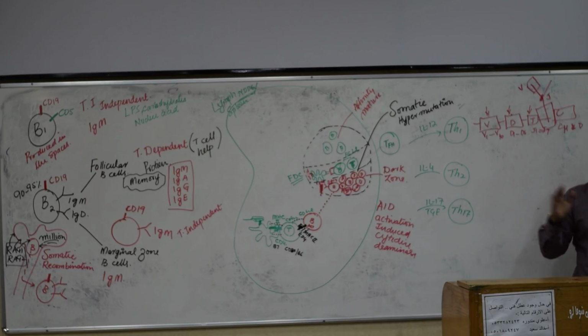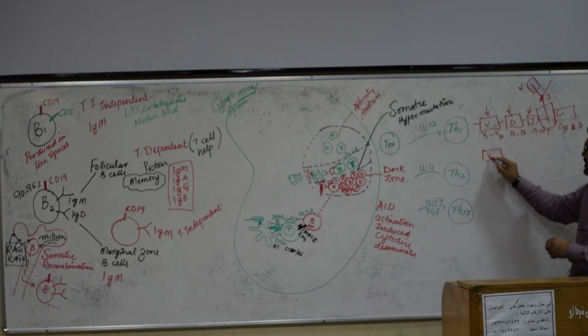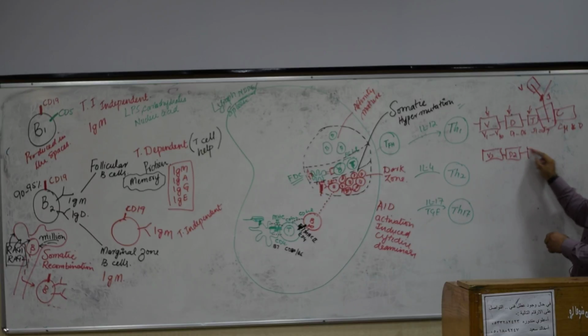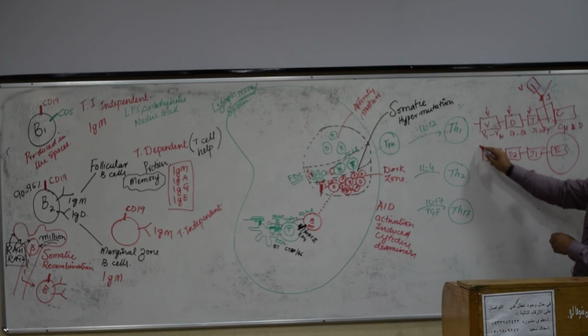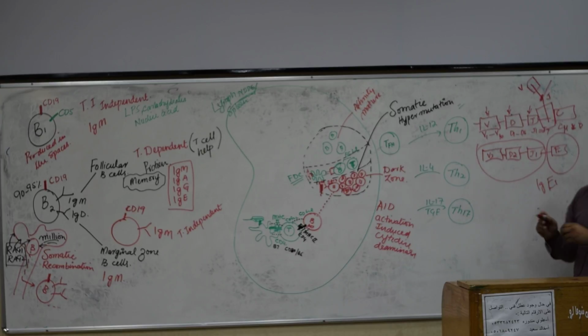What is somatic recombination? Somebody took V3, then D2, then J1, then E. So this immunoglobulin will be IgE because of the E, but the binding affinity of this portion will be totally different from another.